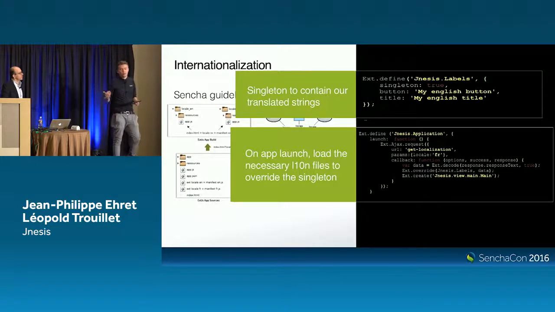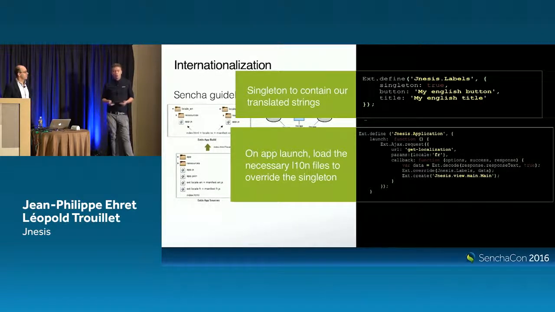The necessary files may be based on a query parameter in the URL, or on the local language of the operator's browser, etc. So you get the new translated strings and the new language as a JSON file, for instance.